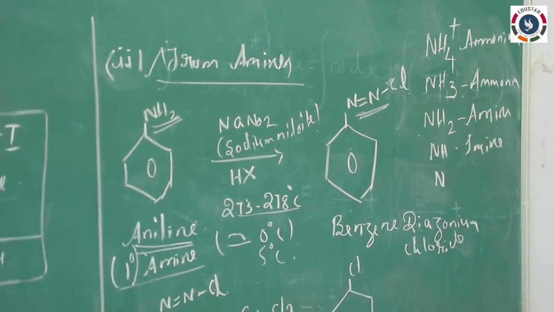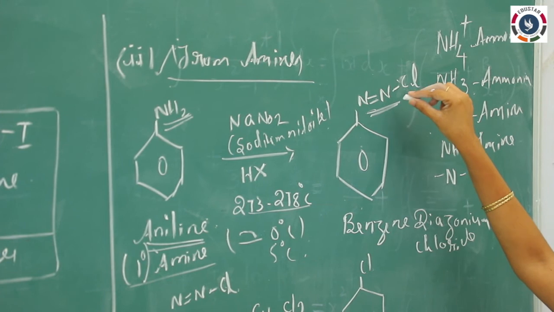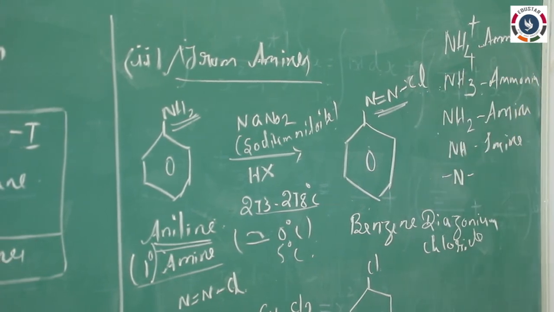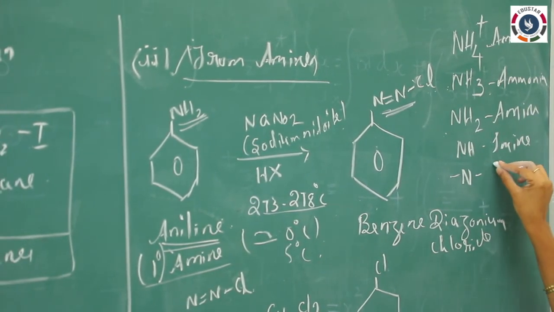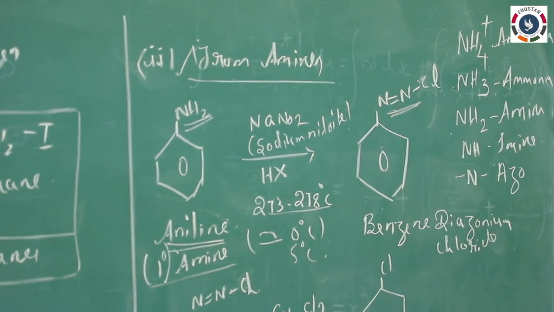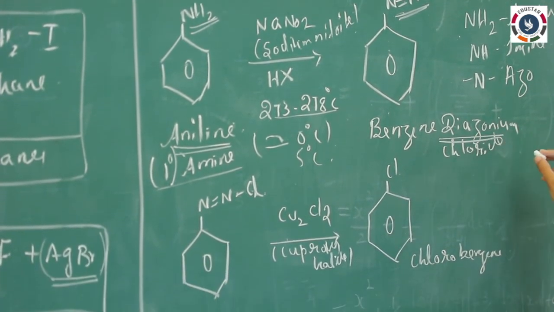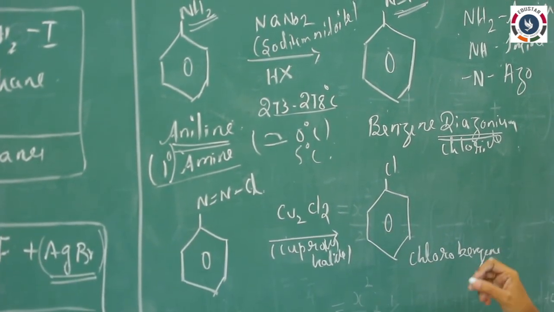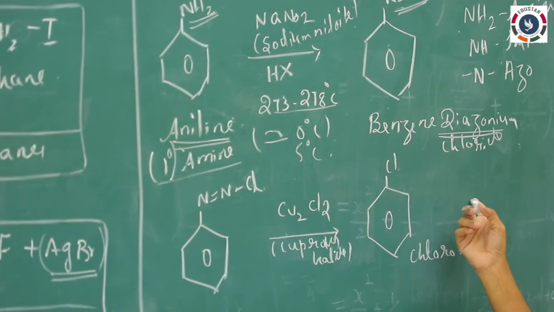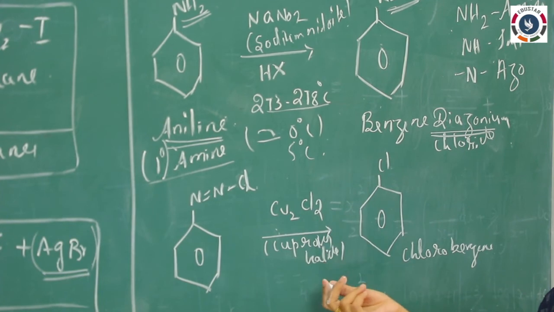If only N is present in an organic compound as a substituent of the amine group, then we call it azo. Since there are two azo groups in this, we can name it benzene diazonium chloride. This benzene diazonium chloride in the next step is treated with cuprous chloride.